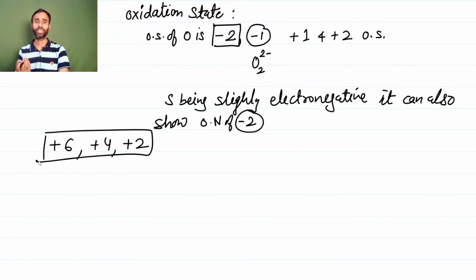So you can say according to oxidation number, to some extent they are eligible to occupy the same group, right?